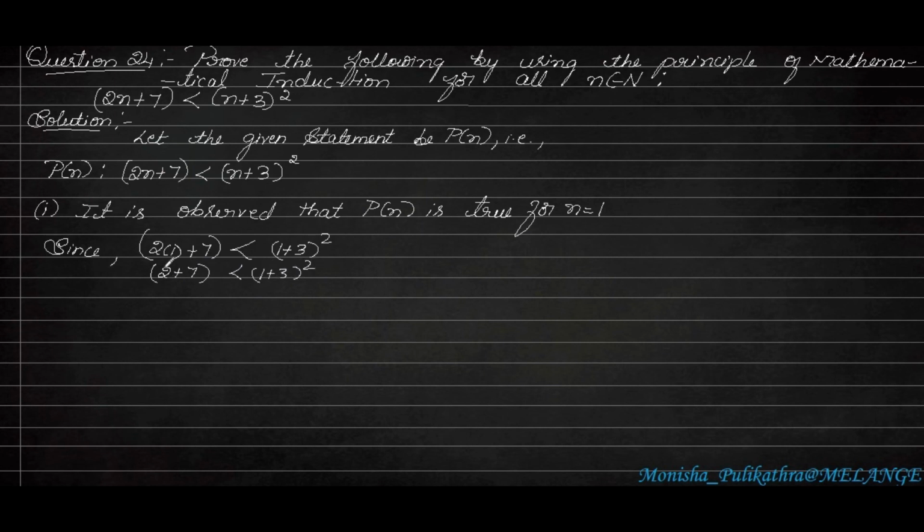So 7 plus 2 is 9, and 1 plus 3 is 4, 4 square is 16, which becomes 9 less than 16. Which is true, 9 is less than 16. If we substitute 1 in the place of n, then the statement becomes true, because 9 is less than 16 itself. Therefore, it is true for n is equal to 1. This is the first step.